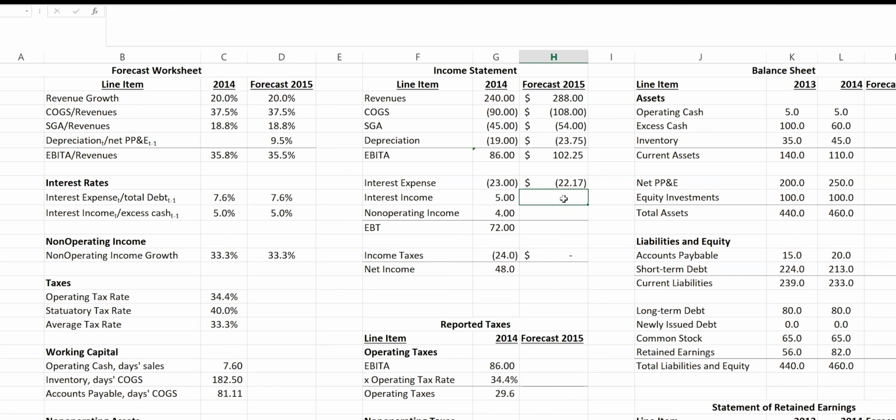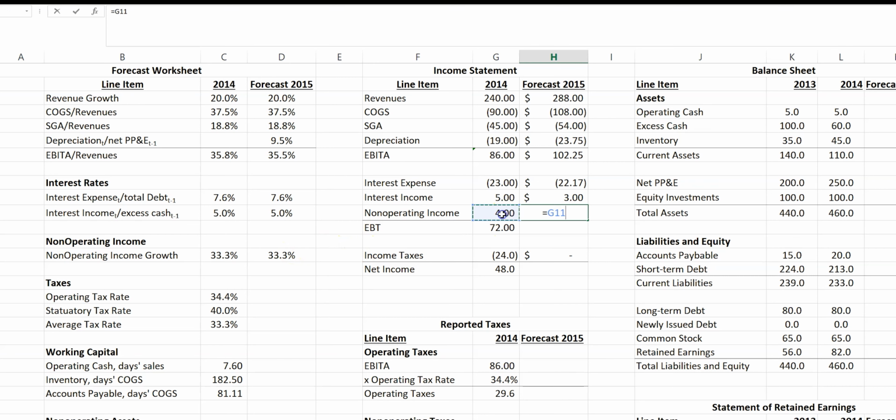Our interest income is a function of our excess cash in 2014. So here's our forecast ratio for interest income. We multiply that times our excess cash in the previous year. And because excess cash went down, we see that interest income goes down. We're only keeping $60 in the bank. We're only going to make $3 in interest. Our non-operating income is just a simple growth rate.